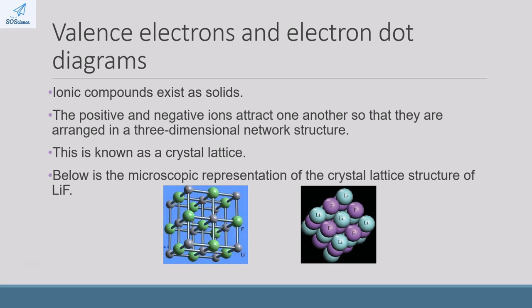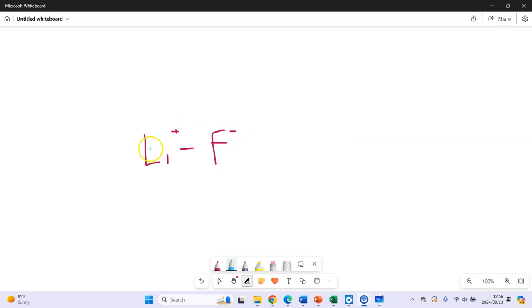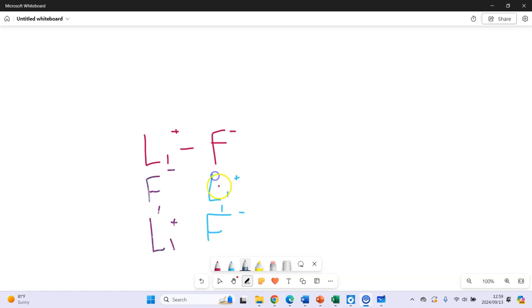Here is a microscopic representation of lithium fluoride. So here we have a lithium fluoride compound. Now remember that positive charges and negative charges attract each other, but positive charges repel and negative charges repel. So that means that the next compound of lithium fluoride will orientate itself in such a way that repulsion is minimized and attraction is maximized.